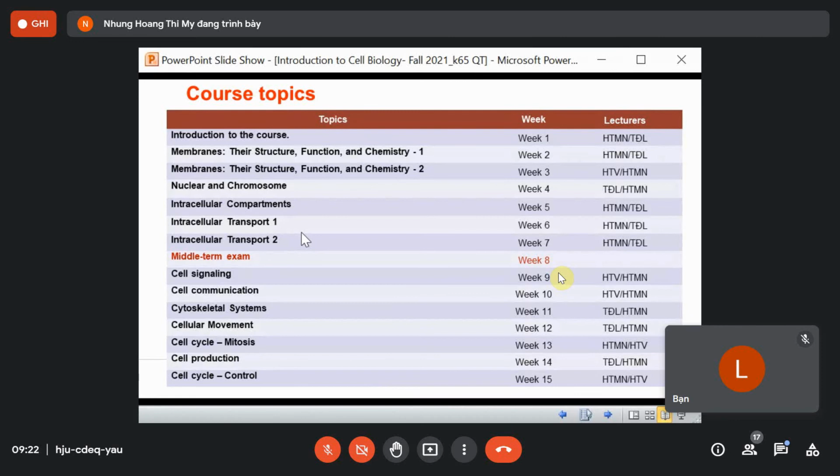And also you can see that this process inside the cell is quite similar to how we produce and transport products in real life. In some way, we can say that our real life is copied from something that happens inside the cell.